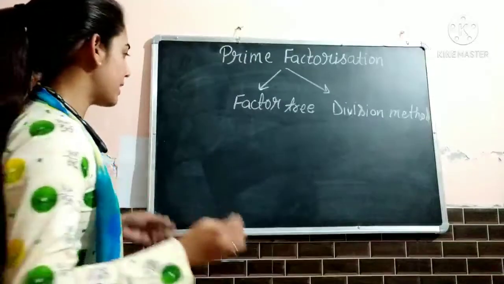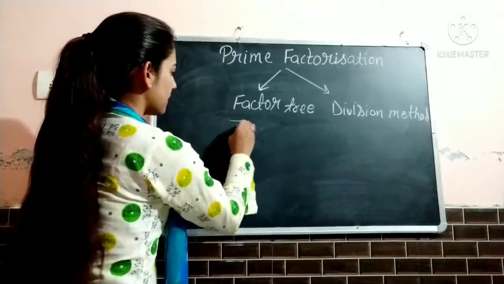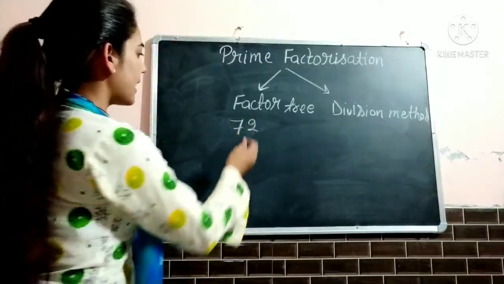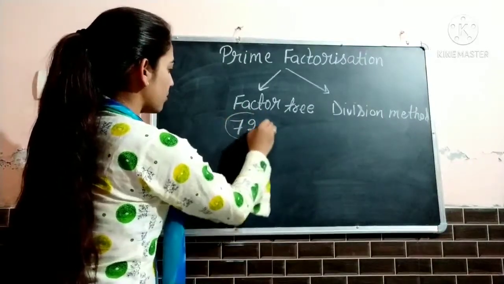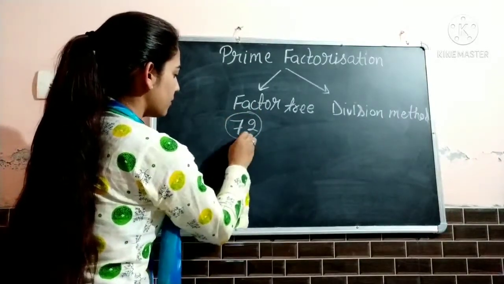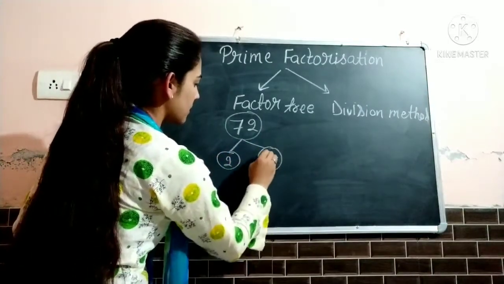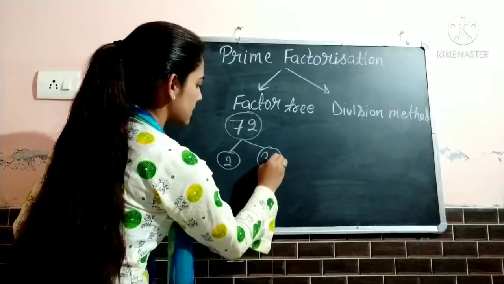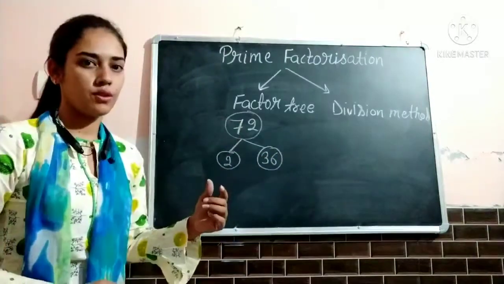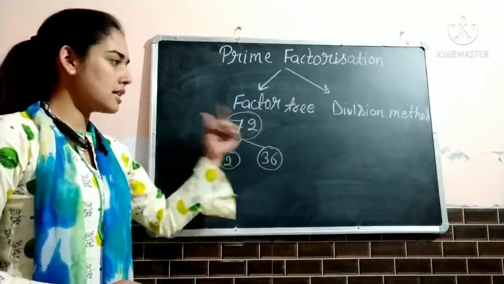Let us take a bigger number, 72. First of all, we will divide 72 by 2 because 72 is divisible by 2. So 2 36s are 72.